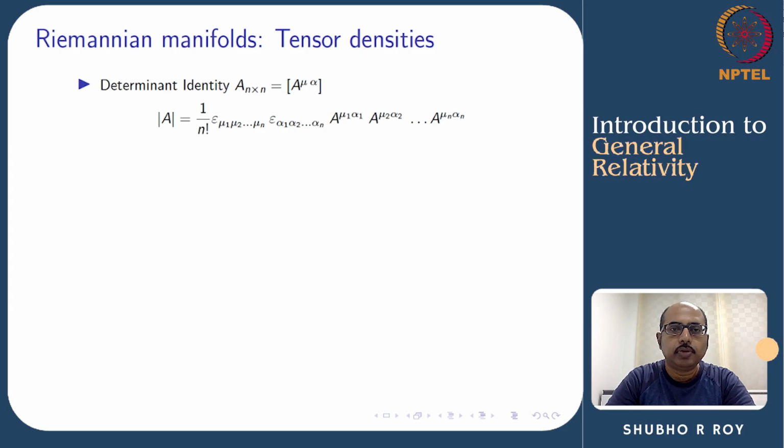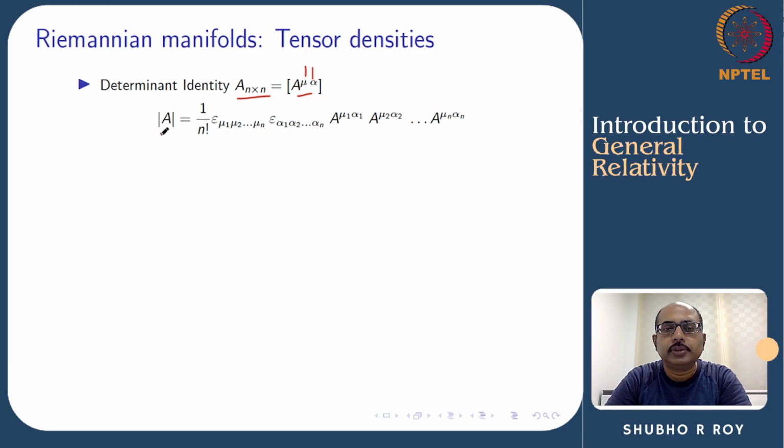Before I introduce tensor densities, I want to look at the transformation of the metric determinant, as I said in the introduction. So the determinant identity I'm going to use is again for an n by n matrix. This time it's a matrix in which the row and column indices are both upstairs. So mu is the row index and alpha is the column index.